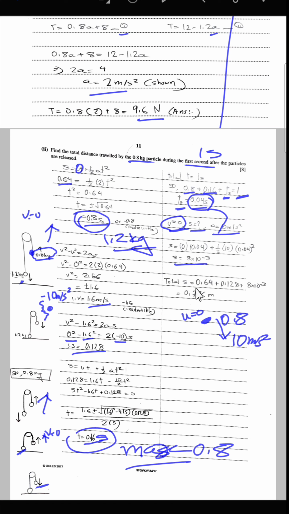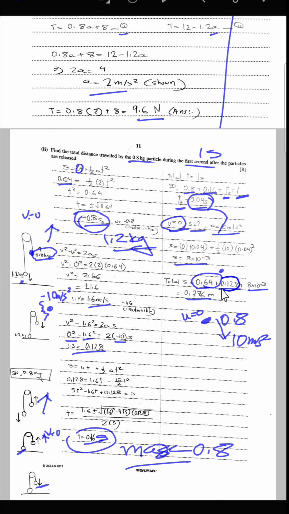Thus in total the distance covered is 0.64, 0.128 and 8 into 10 to the power negative 3 meter, that is a total distance of 0.776 meter. Again, this 0.64 meter is when the 1.2 kg particle reaches the ground.